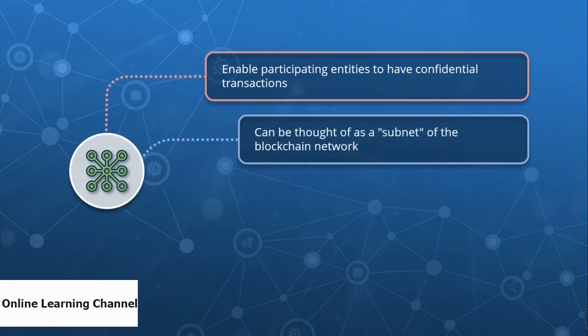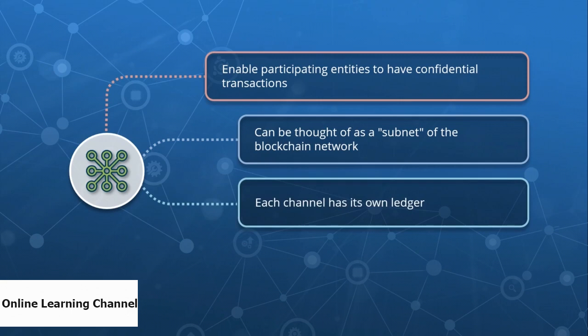So it is one part of the entire blockchain network. An important implementation detail to keep in mind is that each channel has its own private ledger. So the Hyperledger Fabric network maintains not just one blockchain, but as many blockchains as there are channels. Every channel, however, makes use of the common infrastructure, including the ordering service.